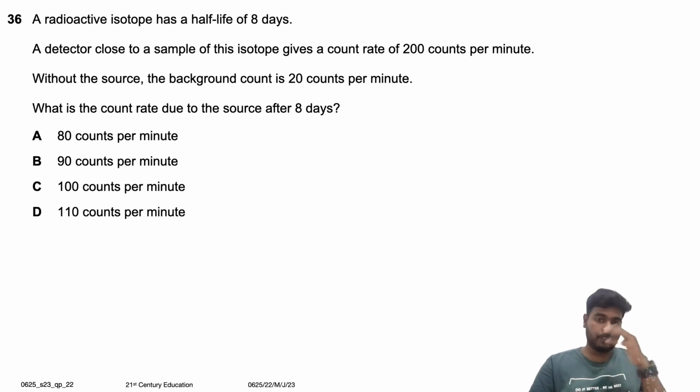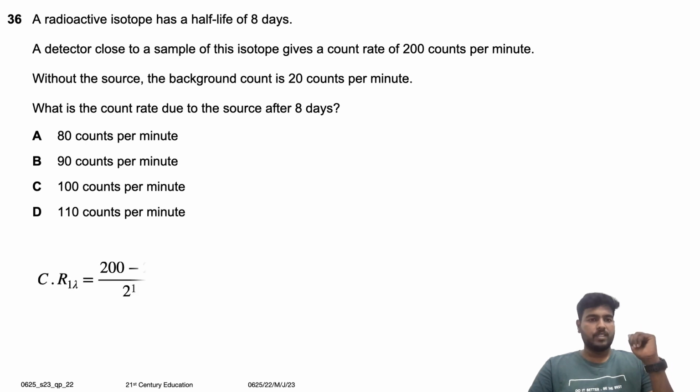The count rate is divided by 2 to the power of the number of half-lives. So 200 minus 20 is the actual count, that is the count from the source minus the background count. So 200 minus 20, divided by 2 to the power 1, since 8 days is one half-life. It gives us 90 counts per minute.